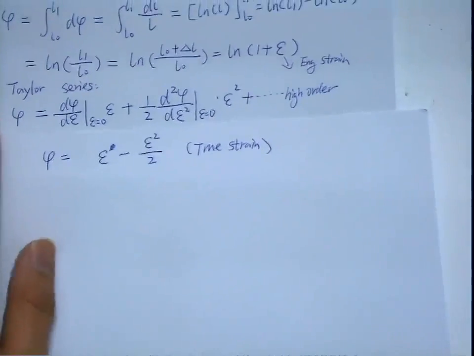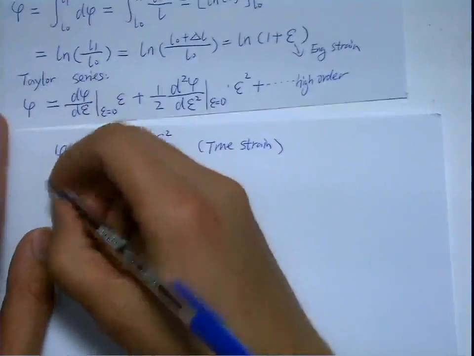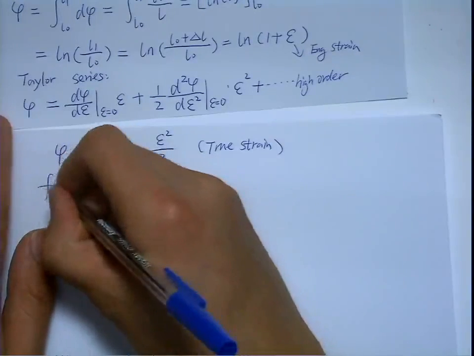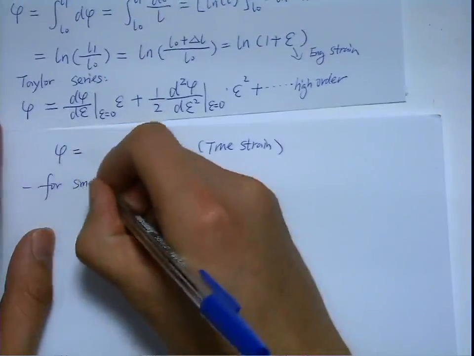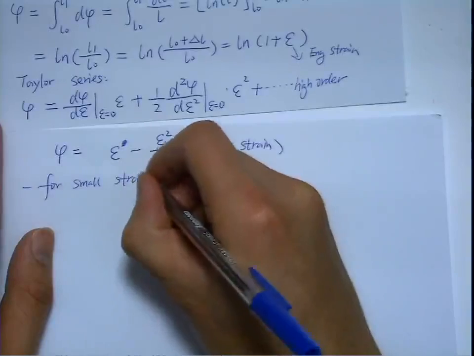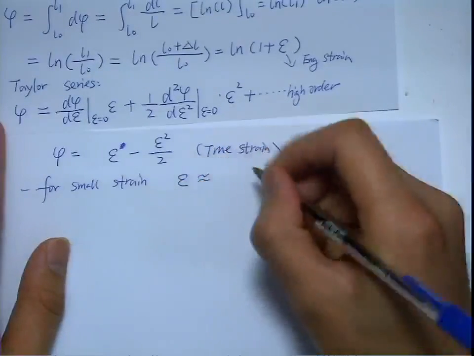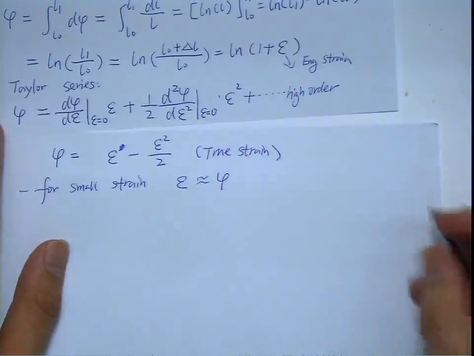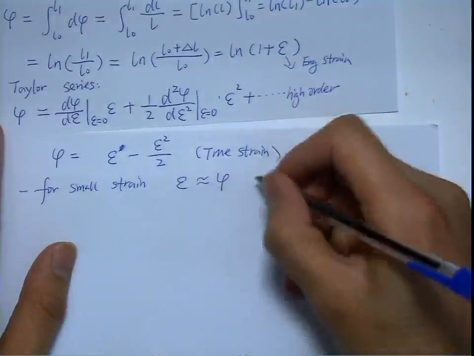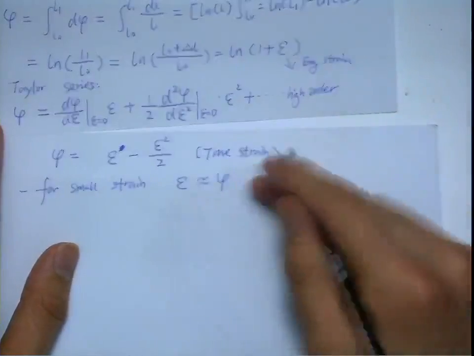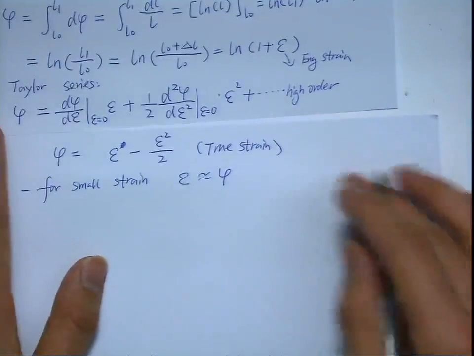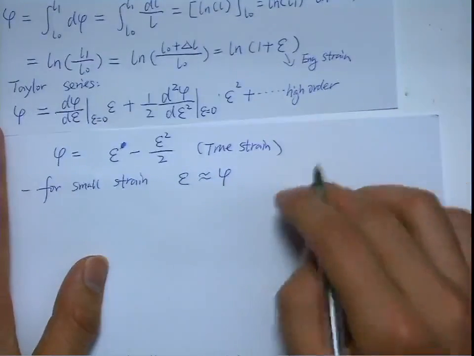Okay, so most of the time for small strain, the true strain is almost equivalent to the engineering strain. They are the same. You don't make any difference between them.